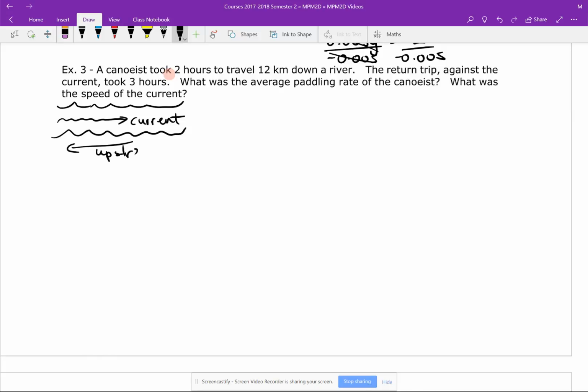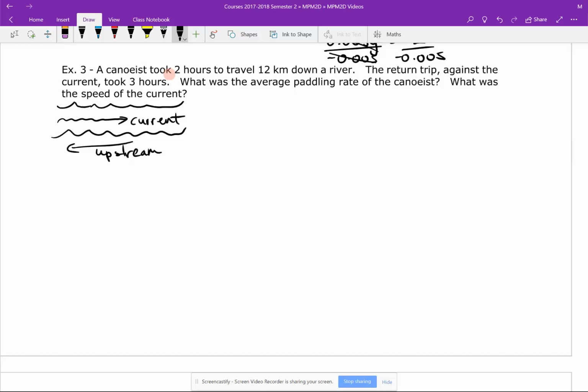You're going against the current. Downstream means you're going with the current. So obviously, if you're going with the current, you're going to travel the same distance faster than you would be going against the current, right? Because the current is pushing you back. All right. So then the speed is the average between going with the current and then going against the current.